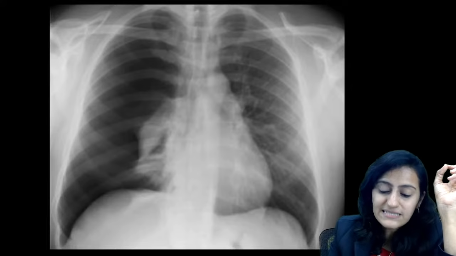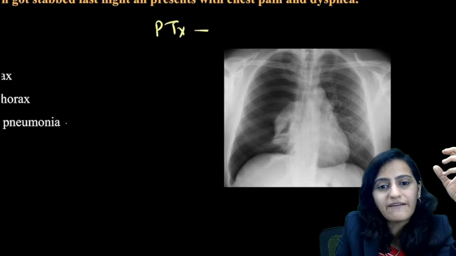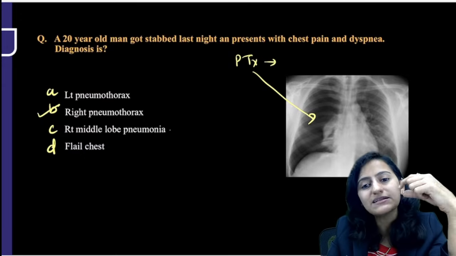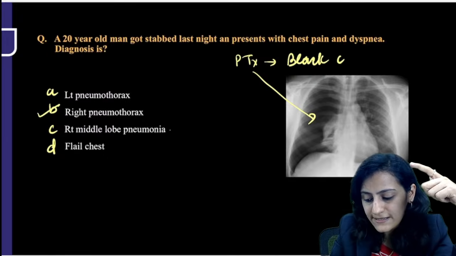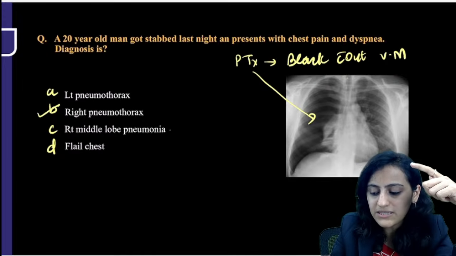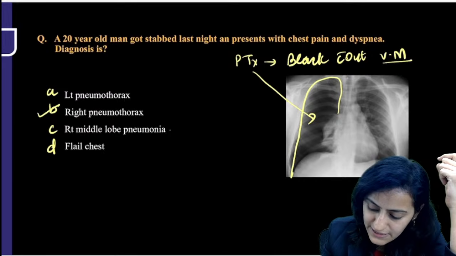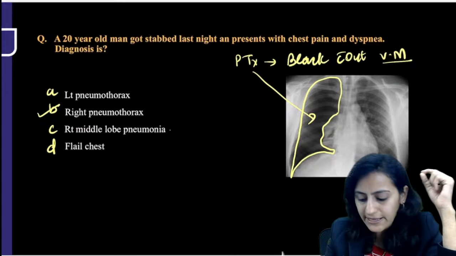Pneumothorax is outside the lung, so it will not have the vascular markings. So remember that pneumothorax, pneumo meaning air, meaning black, it's outside the lung, so it is black without the vascular markings. So this entire thing that we are seeing here, this is the right-sided pneumothorax.